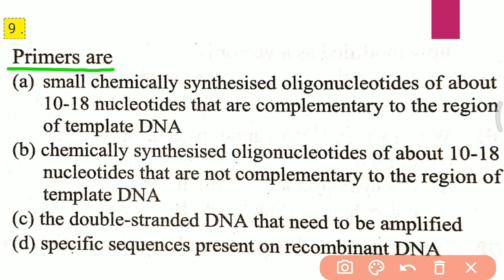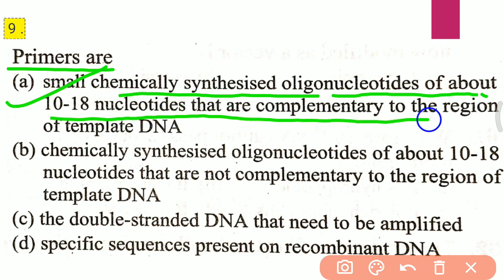C. The double-stranded DNA that need to be amplified. D. Specific sequence present on recombinant DNA. Primers are, and the correct answer for the ninth question is A, that is small chemically synthesized oligonucleotides of about 10 to 18 nucleotides that are complementary to the regions of template DNA.